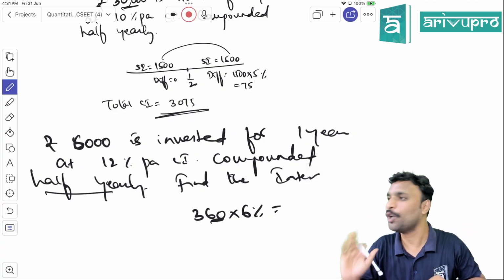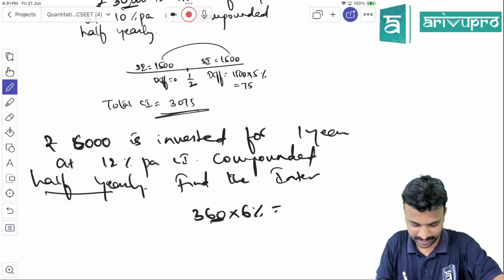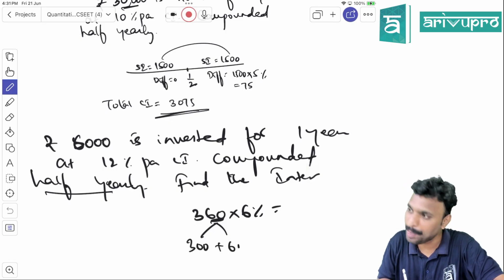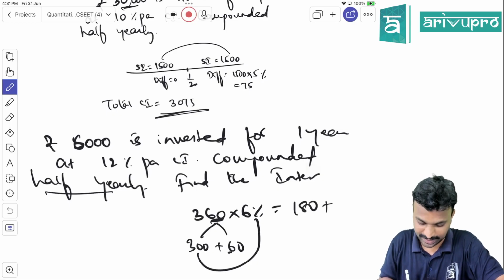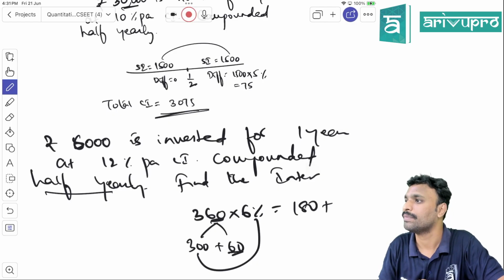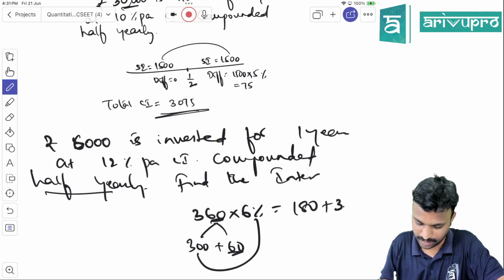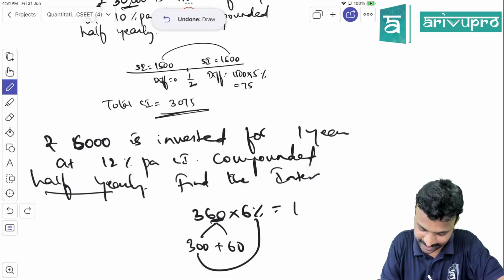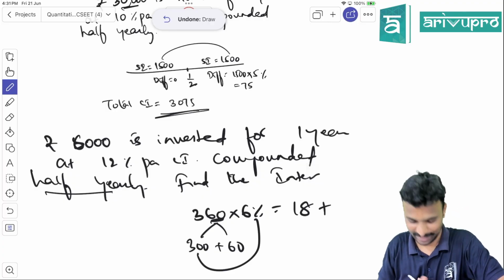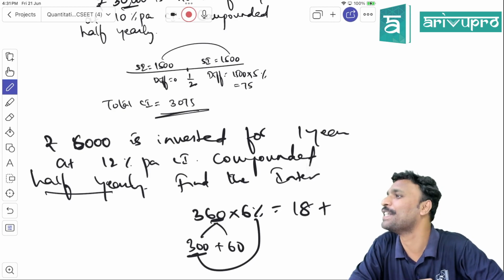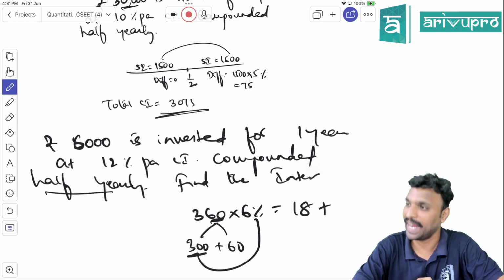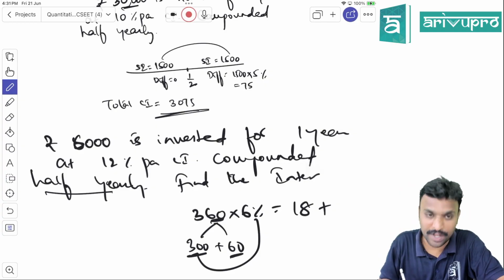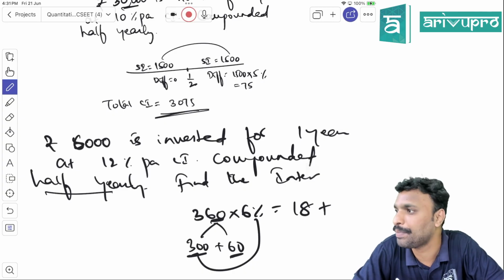Don't find 6% on 360 directly. Split this 360 as 300 plus 60. 6% on 300 is 18, since 10% is only 30. 6% on 60: 1% is 0.6, so 6% is 3.6.